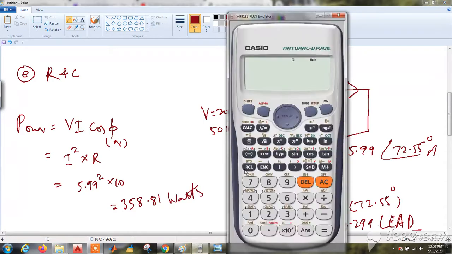Now if you do VI cos phi also, you will get approximately the same result, that is V 200, I 5.99 into cos phi, that is 0.299. We'll get approximately the same result, that is 358 watts.